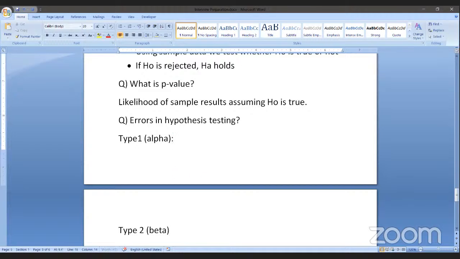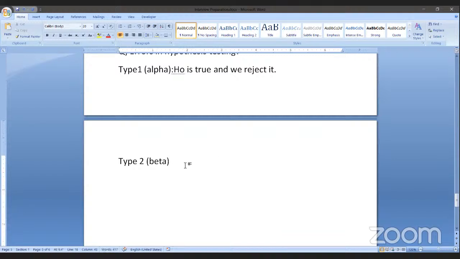So what happens in type 1 error is when we are rejecting the null hypothesis, but it is true. So when H0 is true and we reject it, in this condition, type 1 error occurs.